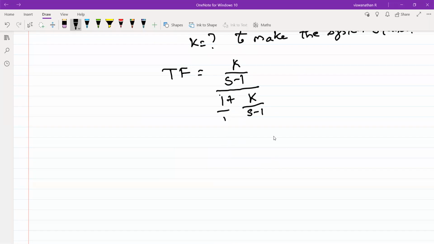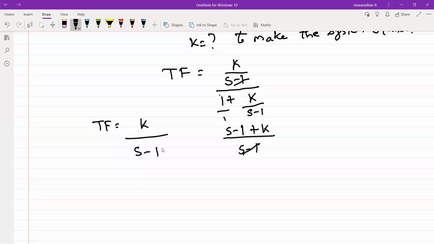I'll take it as S minus 1 here, so it will be S minus 1 plus K. So this and this get cancelled. The transfer function will be K divided by S minus 1 plus K.